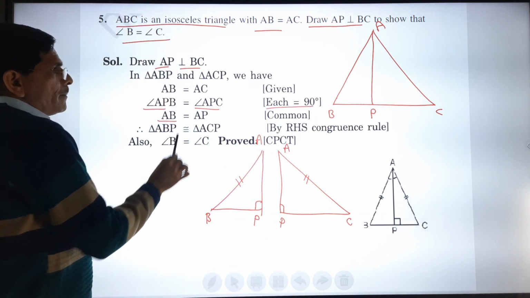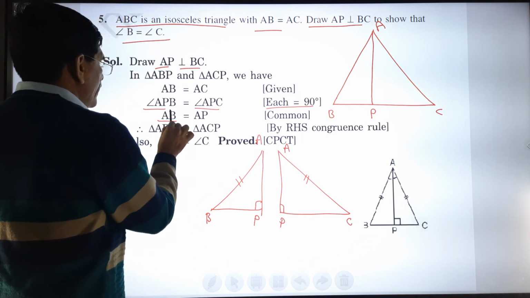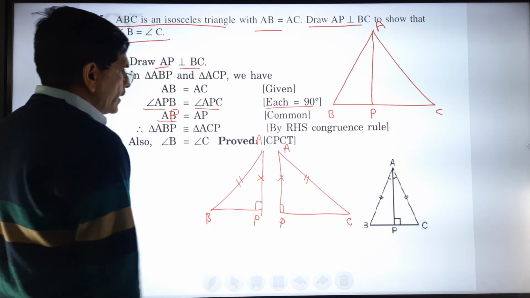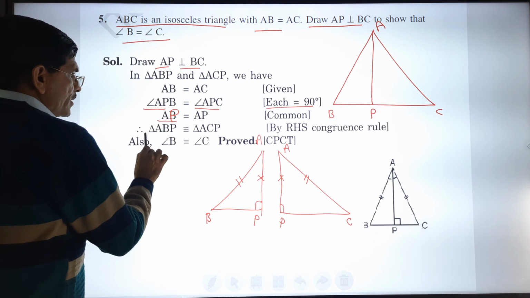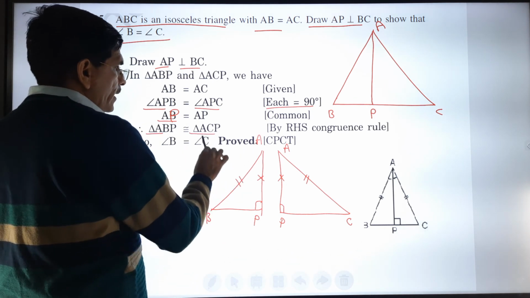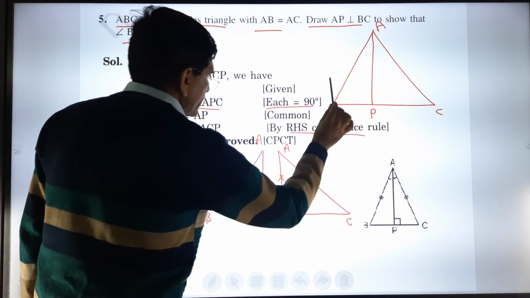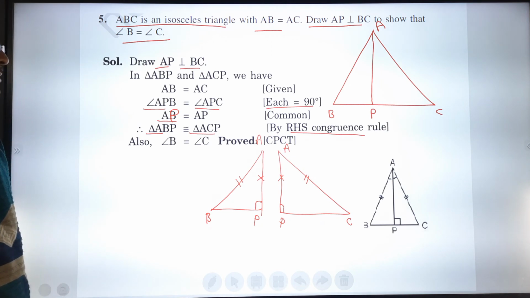And now here I have to write AP: AP is common, AP is equal to AP. Therefore two triangles, that is ABP and triangle ACP, are congruent by the RHS congruence rule.